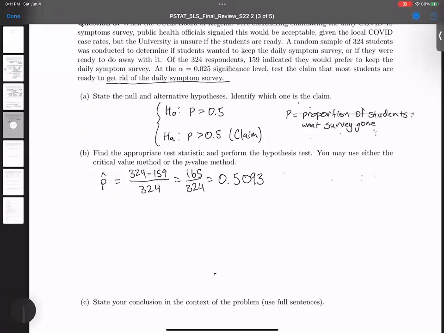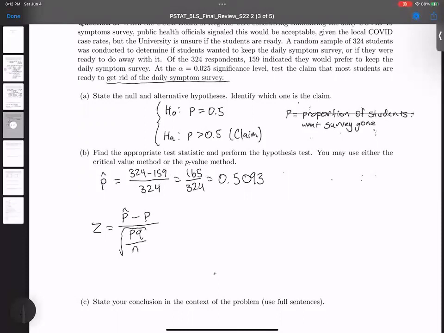So now we need to do the test statistic. This is just a standard chapter 8 proportion hypothesis test, which just means that it's P hat minus P divided by the square root of P times Q all over N. So this is equal to 0.5093 minus P, our null hypothesis value, 0.5, divided by the square root of 0.5 squared over 324.